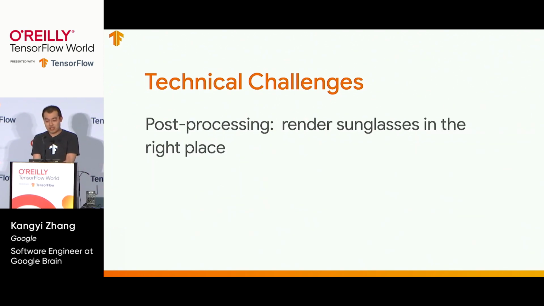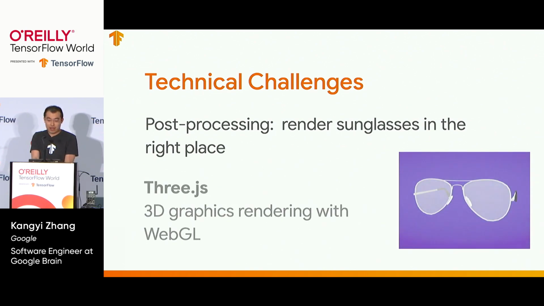The third key challenge is to post-process the model output and display the sunglasses. After we get the key points on the face, we want to render the sunglasses in the right place. And we chose three.js, which is an open source cross-browser library used to create and display animated 3D graphics in a web page through WebGL. It will be used to render the sunglasses onto the user's face.